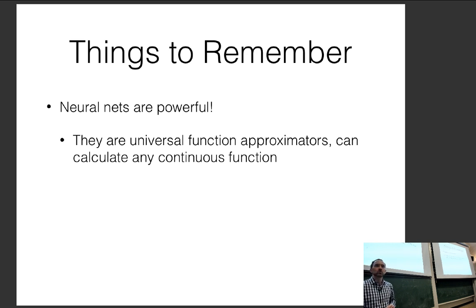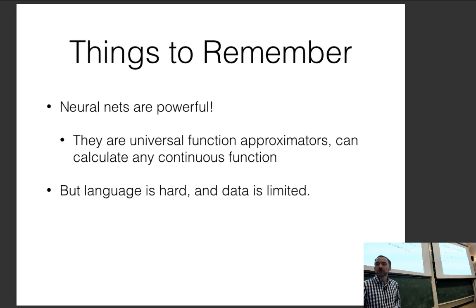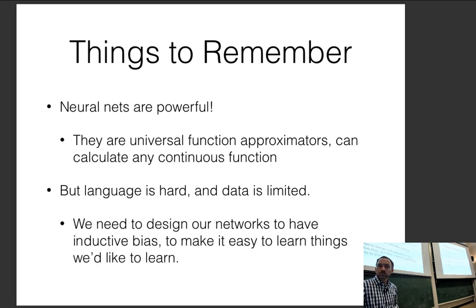So a neural network can solve your problem theoretically. But language is difficult. There's lots of corner cases and things like this. And most importantly, data is limited, and our optimization algorithms cannot necessarily find the solution that you want to find.